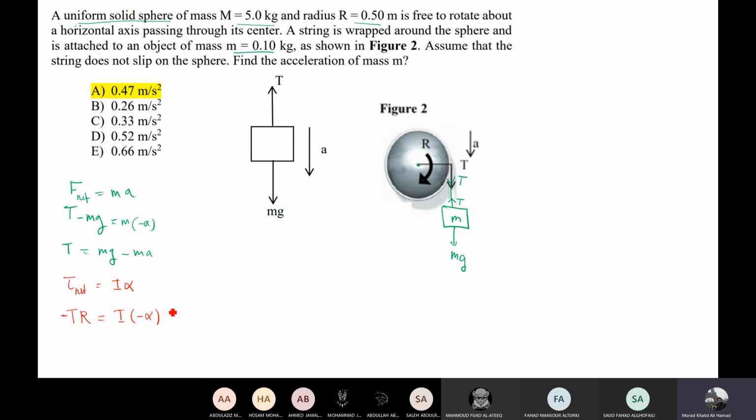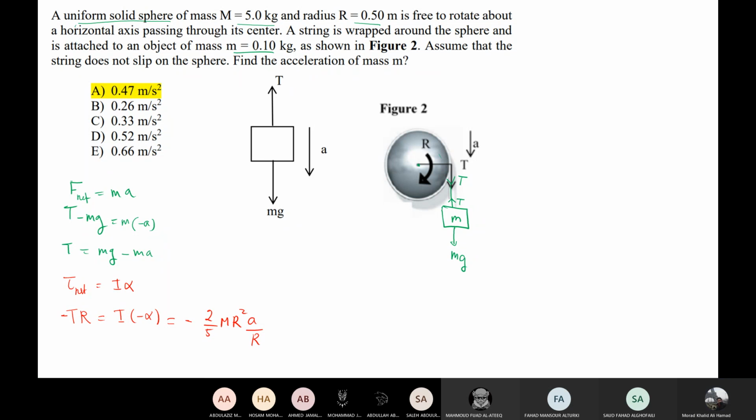Here, I for the uniform solid sphere will be given. So this one is equal to 2 over 5 mr squared alpha. Instead of alpha, I will put A over R.